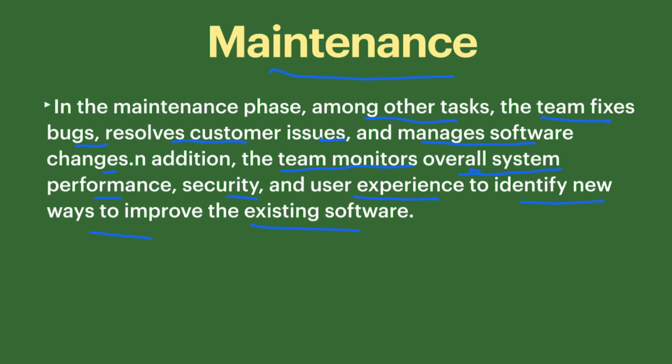In the maintenance phase, the customer also checks the software against what is specified in the SRS document and what the customer actually wants. If anything is missing, we fix it in the maintenance phase. So overall testing of the software from customer feedback and the testing team is implemented in the maintenance phase.